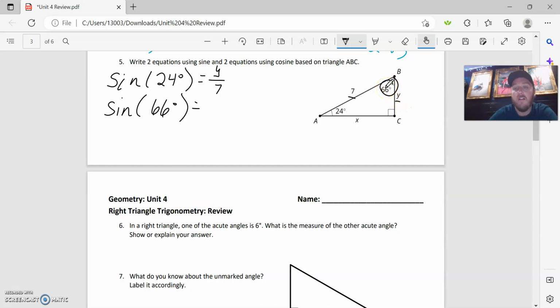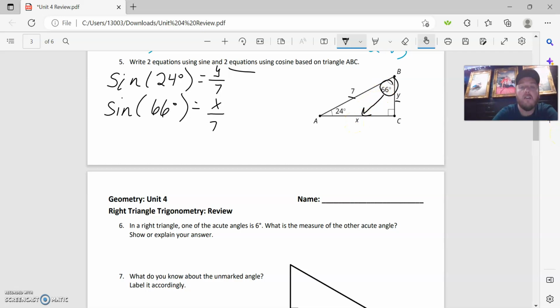Opposite is now, go across from the angle, and we have x. So now sine of 66 is x over 7. The hypotenuse isn't going to change. The hypotenuse is designated as the longest side of the triangle. But when we were working with 24, the side opposite of that angle was y. For 66, the side opposite was x.